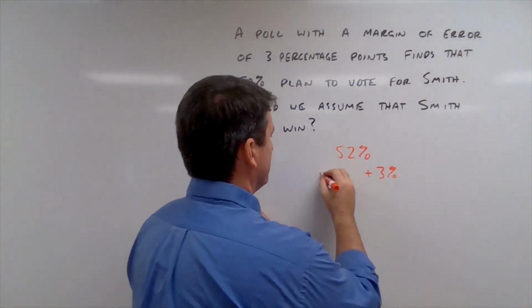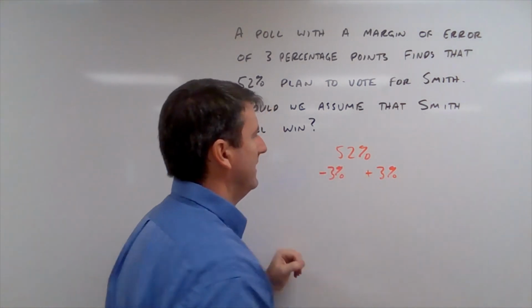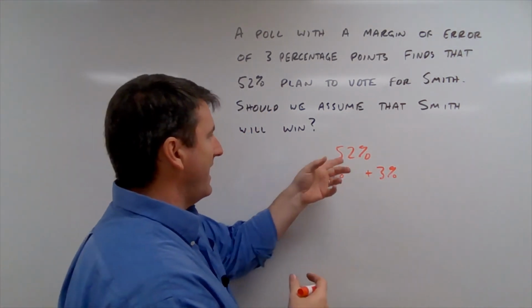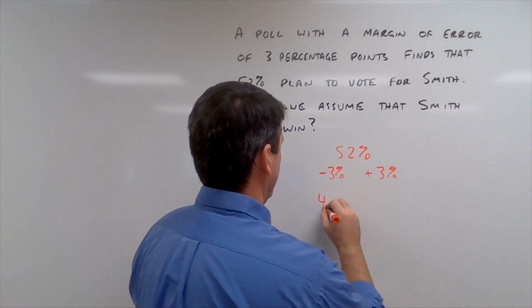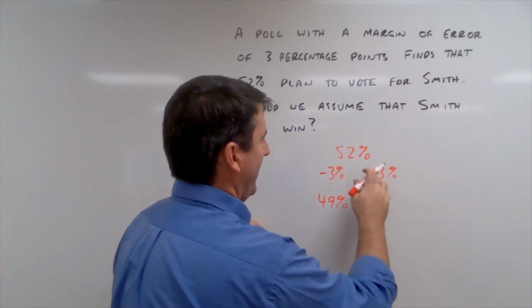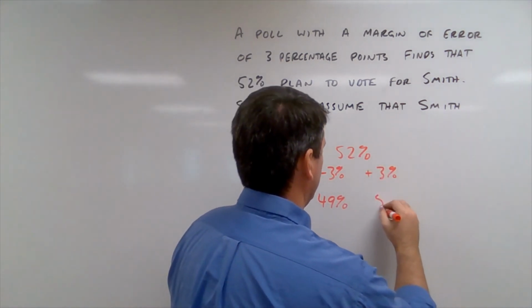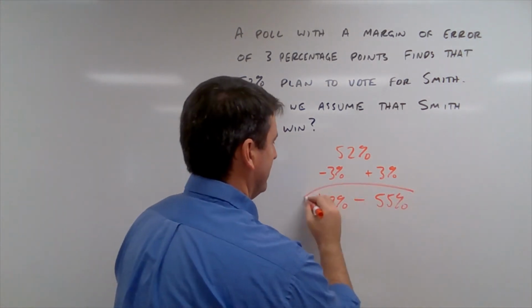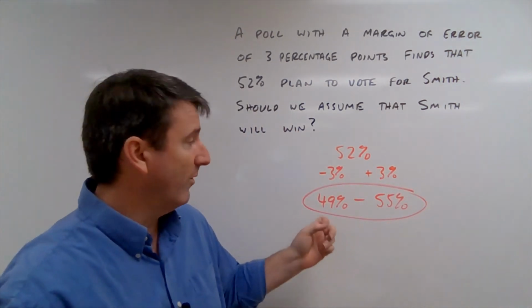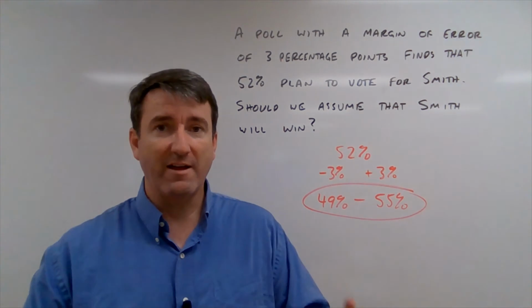We're also going to subtract our margin of error. When we subtract 3 percentage points from 52, we get 49%. And then when we add 3%, we get 55%. And so this is our confidence interval from 49% to 55%.